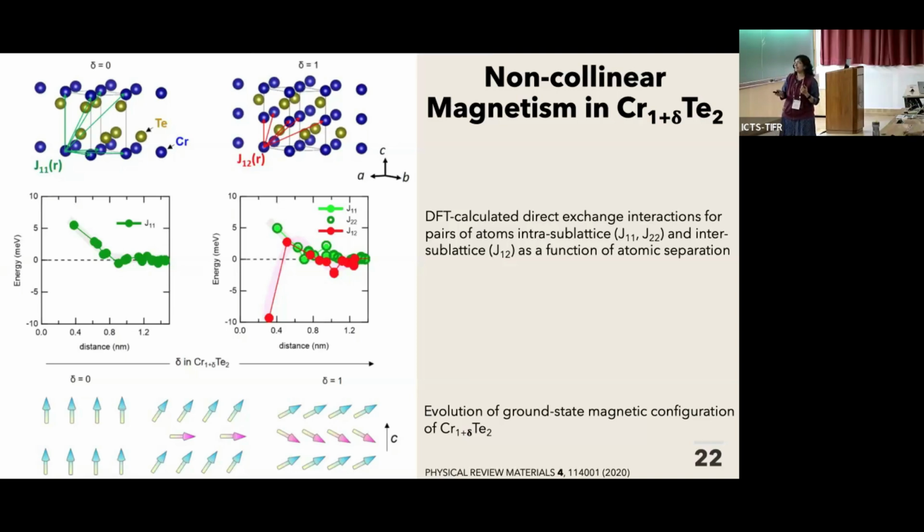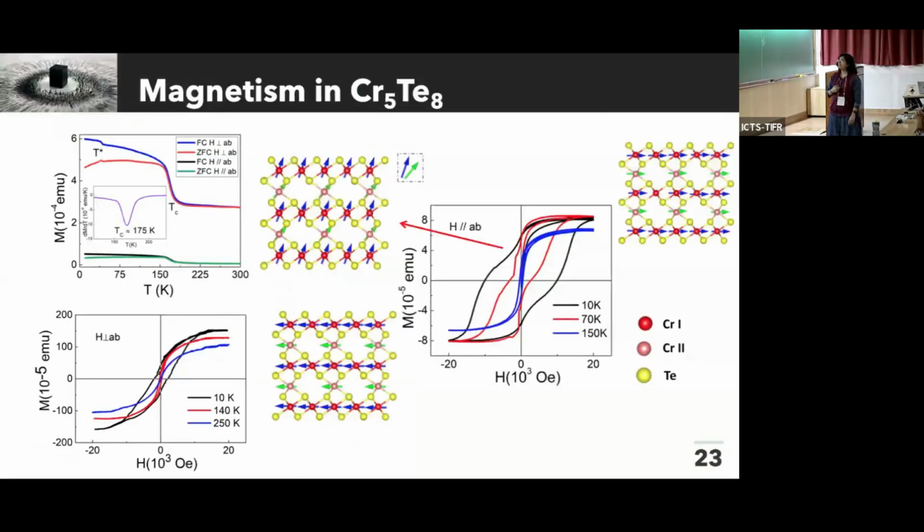So this basically gives rise to a non-collinearity or a spin canting for the chromium telluride which has intercalants. This is interesting because we also see effects of this when we do the SQUID measurements.